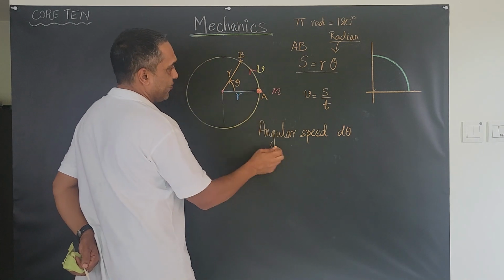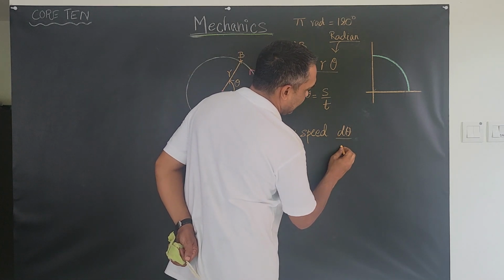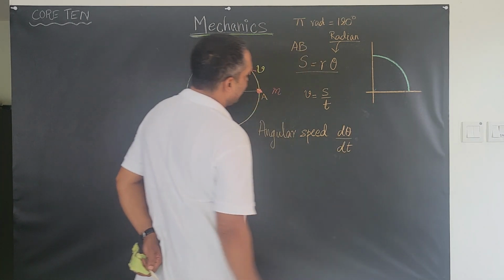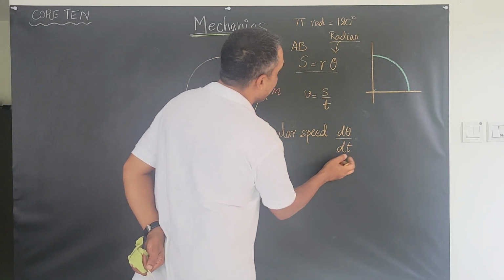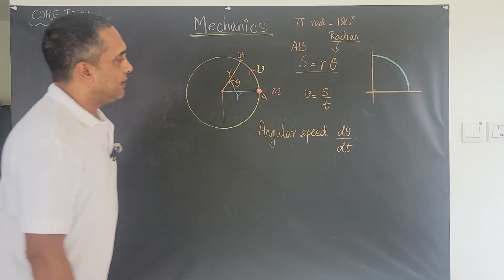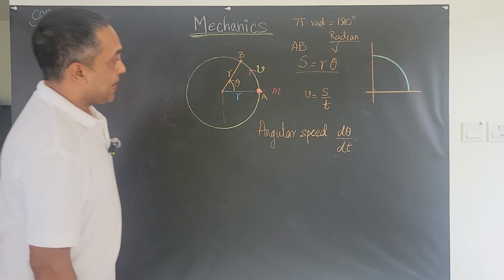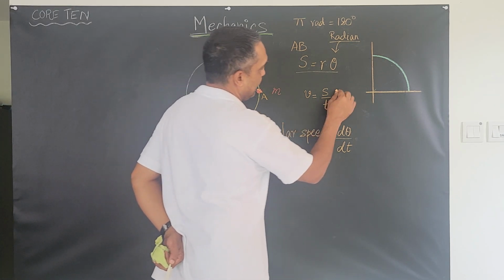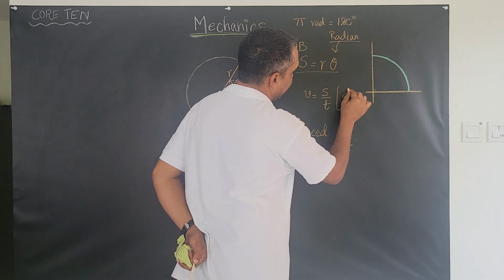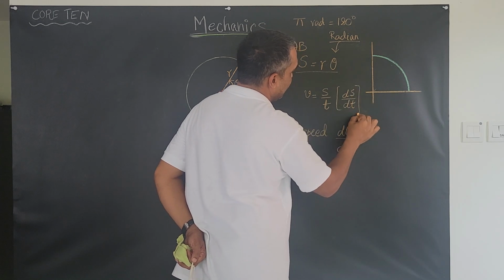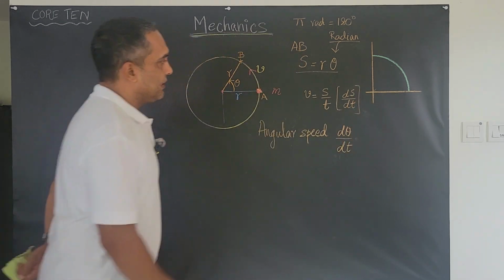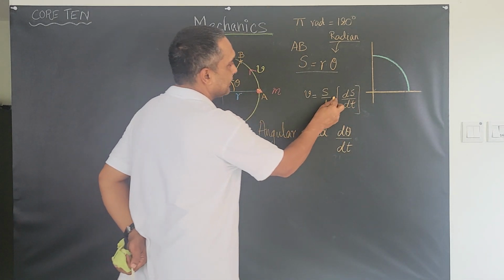That's how much of theta in what amount of time, right? Whereas this is effectively just ds by dt, the change in distance for the change in time. That's what it is, right?